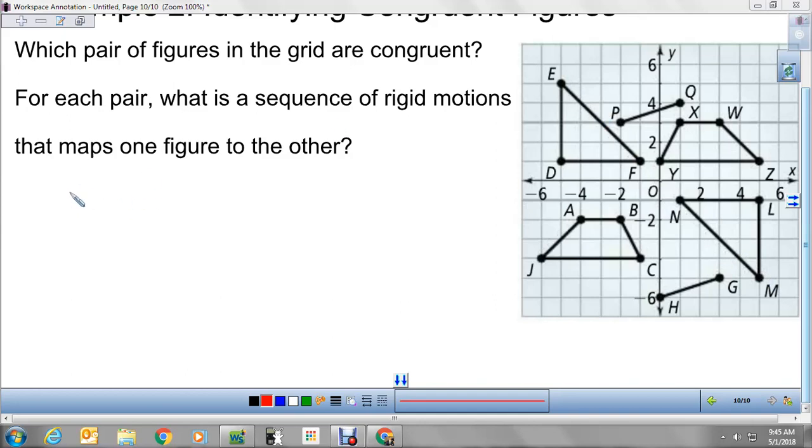So we could say this is a rotation of 180 degrees around the origin of triangle EDF, and it's going to equal the triangle over here. We've got to match up the right parts. E goes with M, so that's going to be M. Then the right angle D is going to be the right angle L. And the last one will be N: MLN.